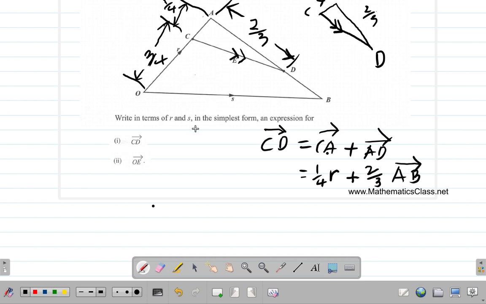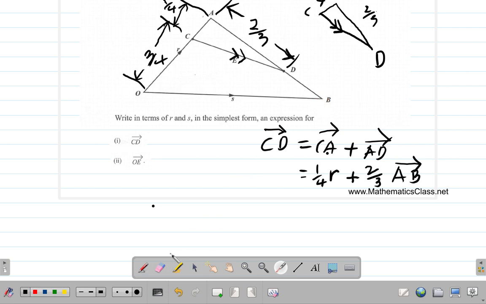But remember, you must write in terms of R and S. So, look again at AB. If you go from A to B, it's the same place you will end up if you go from A to O, bend this corner, then go from O to B. Do you see that? Concentrate.